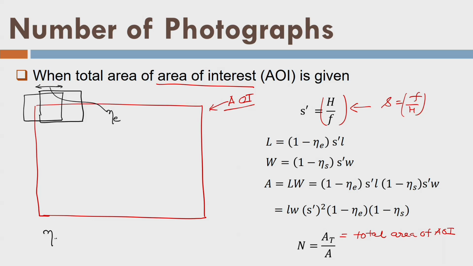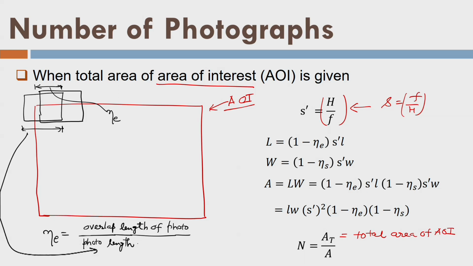End lap is nothing but the ratio of the overlap to the length of the photo. This is my numerator here, and this is my denominator here, the total length of the photo, and I call it eta e.